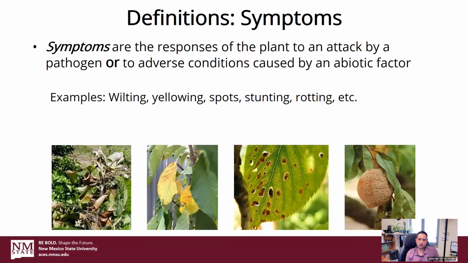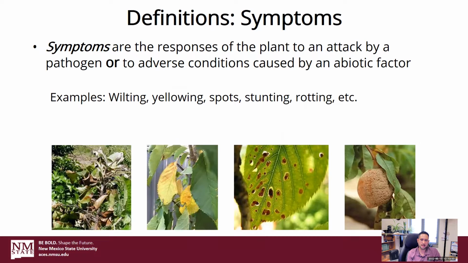So next, a little bit more on definitions of symptoms. Symptoms are really the response of the plant to an attack by a pathogen or to any adverse conditions caused by an abiotic disorder. For us, we can tell the doctor what's wrong, what we're feeling, what's hurting. For plants, they can show symptoms and point us in the right direction as to what may be happening.